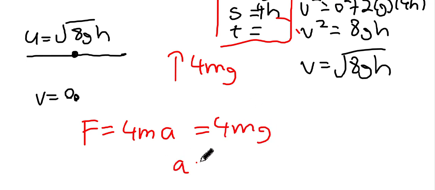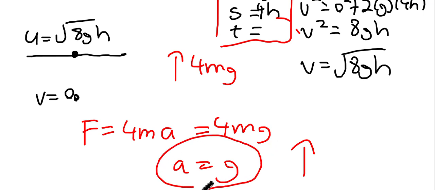Oddly enough, your acceleration would have equaled gravity, but in the opposite direction. Last time it was a bit bigger than that, 7g. So it has 7 times less deceleration, which hence means it will sink deeper.